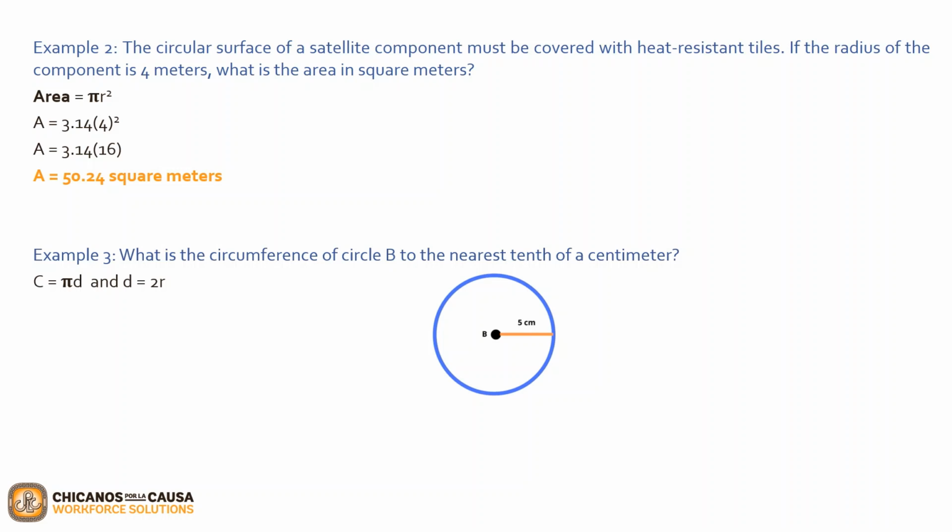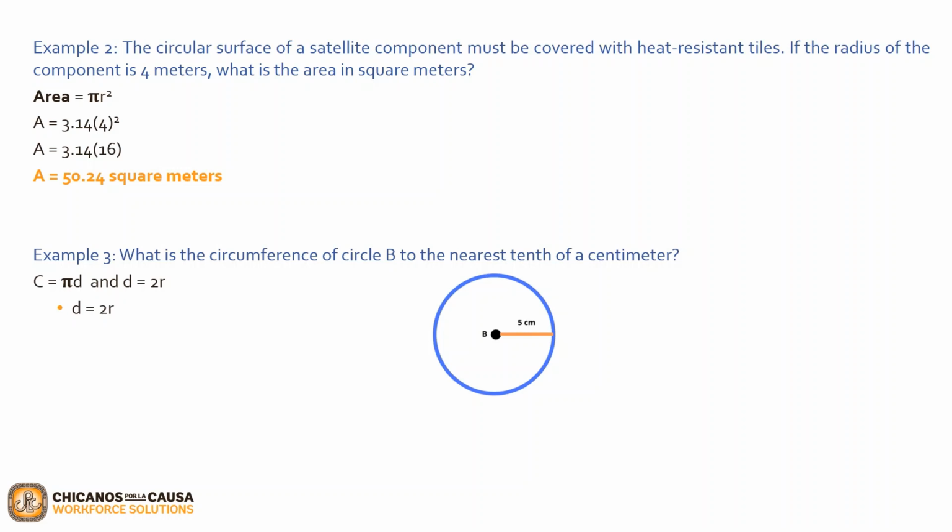What is the circumference of circle B to the nearest tenth of a centimeter? So circumference is pi times diameter. Well, in this example, we are not given the value of the diameter, so we have to find it. In order to find the diameter, the formula is 2 times the radius.